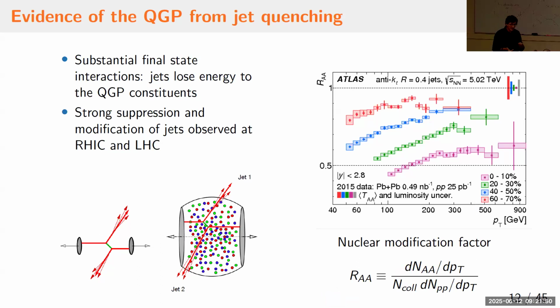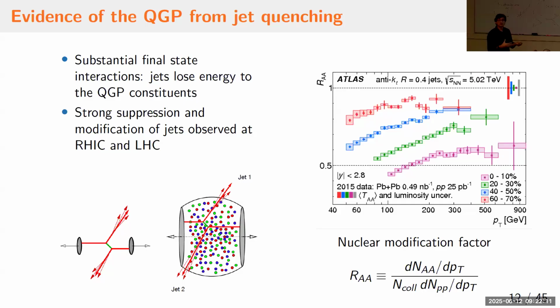If everything happens in nucleus-nucleus collisions the same way as in proton-proton collisions, this ratio should be equal to 1. A departure from 1, especially a number smaller than 1, would indicate suppression of jets in nucleus-nucleus collisions as compared to proton-proton collisions.